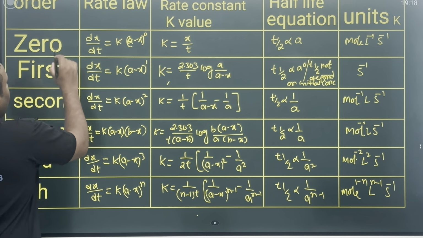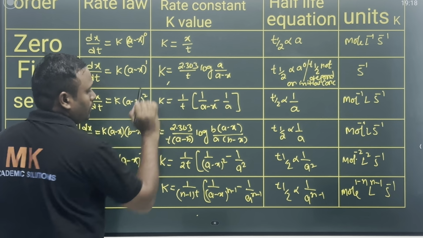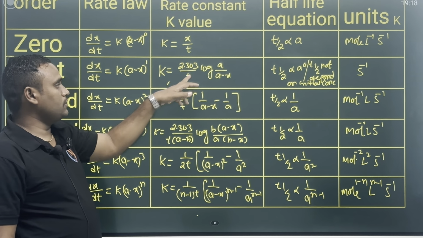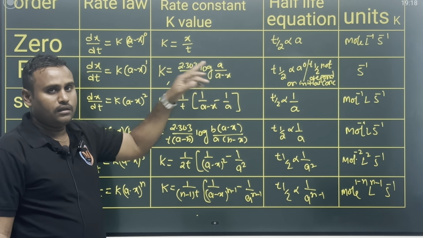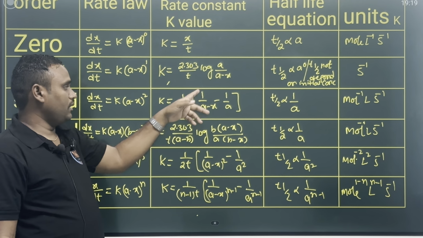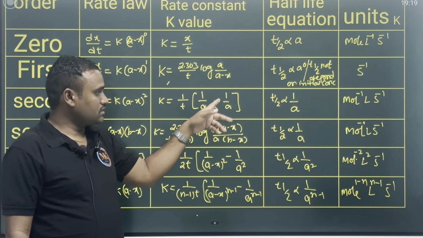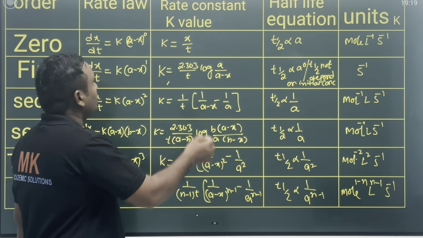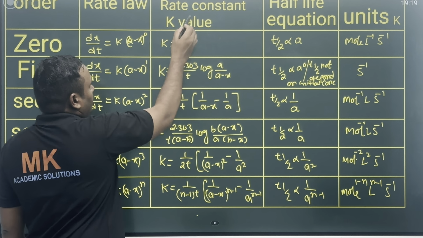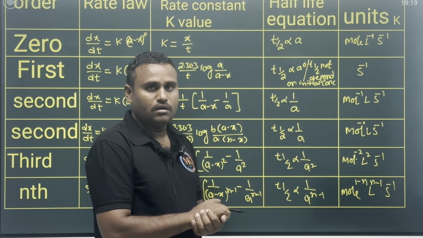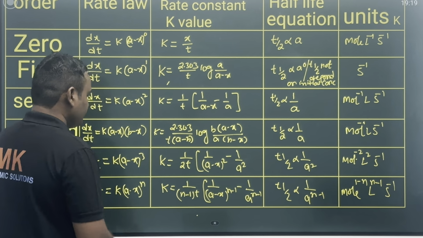For example, for zero order reaction k is equal to x by t, and for first order reaction k is 2.303 by t log a by a minus x. For second order reaction k is equal to 1 by t of 1 by a minus x minus 1 by a. Like that we use the different rate constant expressions and get the order of reaction.